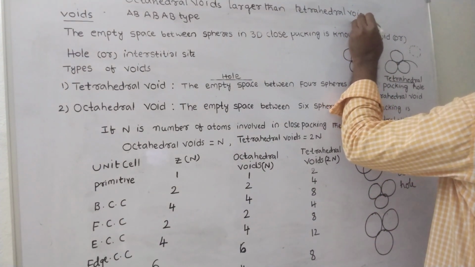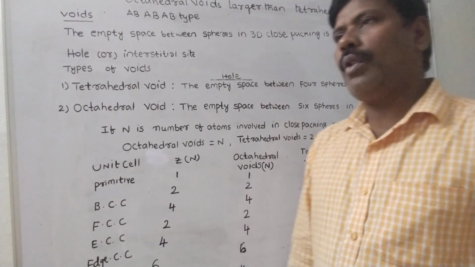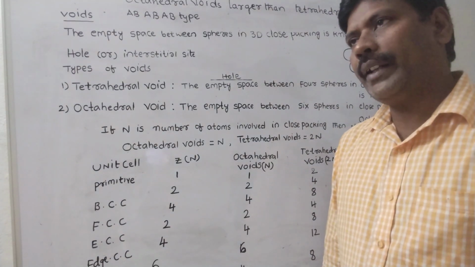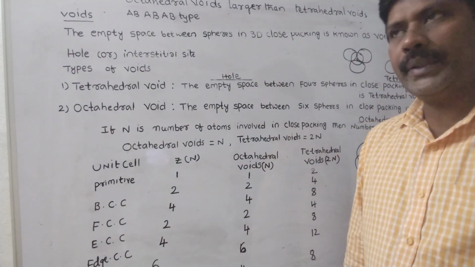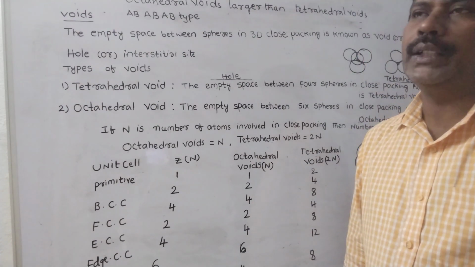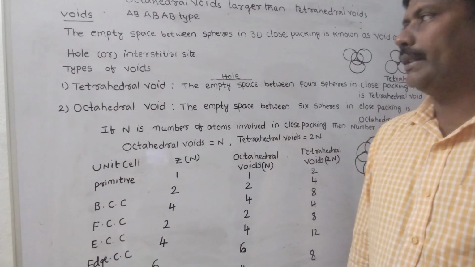A mathematical relationship exists between the radius of the octahedral voids, the radius of the tetrahedral voids, and the radius of the spheres. Okay.